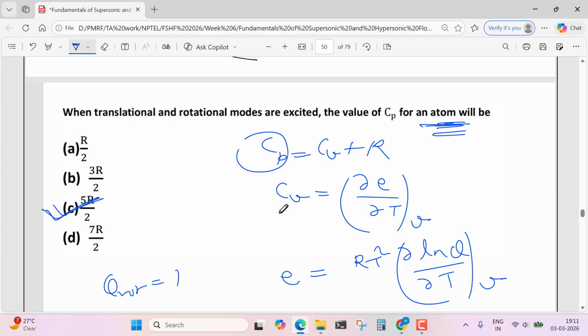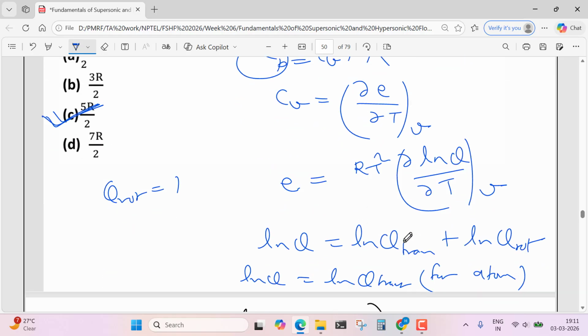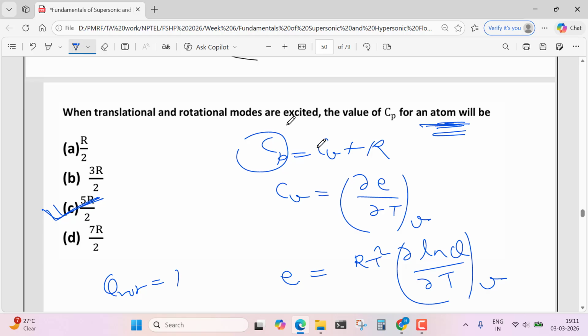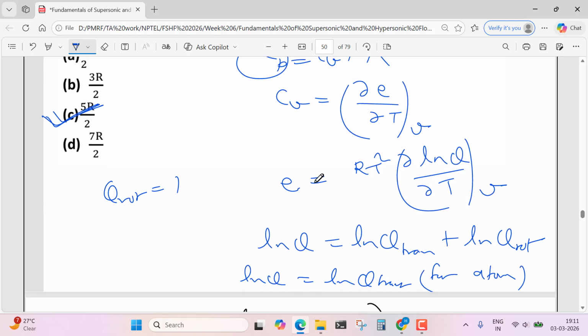So we can find Cv directly from E, and E is given by RT square dou log Q upon dou T at constant volume, and log Q is nothing but log Q translation plus log Q rotation. We need only two modes, translation and rotation, so we are using these two only.